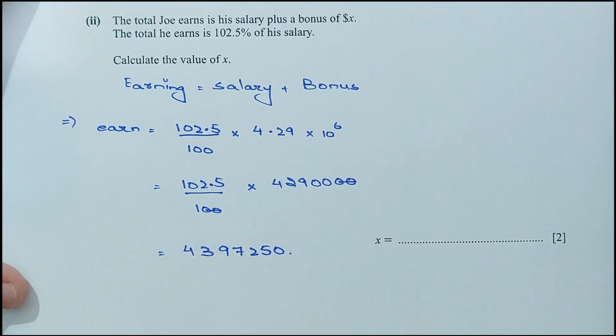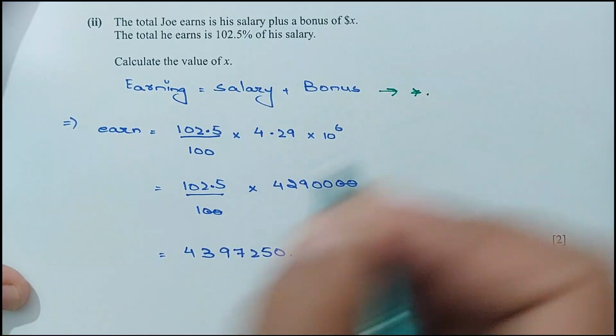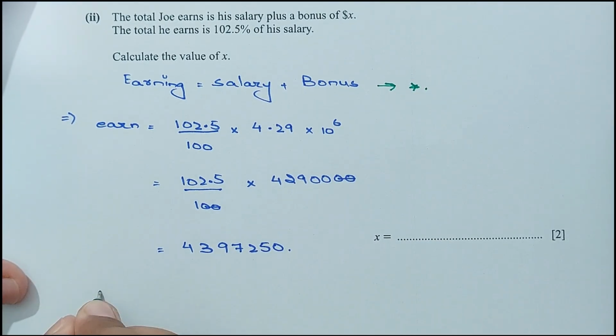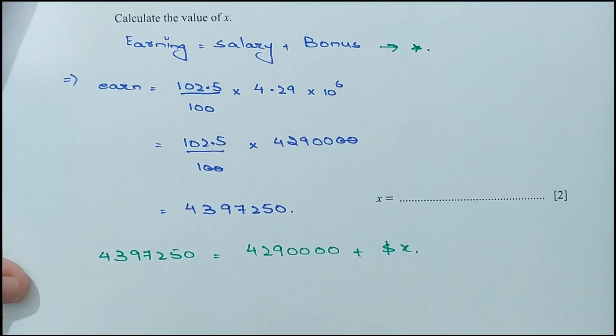Now let me substitute it back to this equation. This is equation star. Now the earning we have been given is 4397250. This is equal to the salary, which is 4290000, plus the bonus of X dollars. We can solve for the bonus.